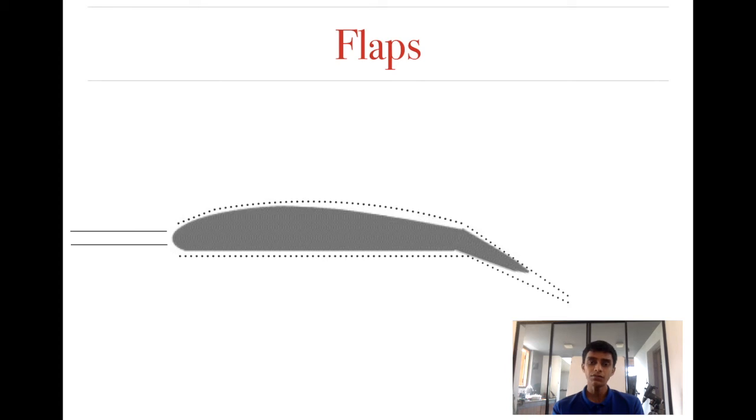Now because of the flap, you will actually be increasing that distance d2, which we talked about, which means that the airflow moving above needs to move a much greater distance than the airflow moving below. This translates to a faster speed of the airflow moving above, creating a lower pressure, increasing the lift. So that's basically what the flaps are for.